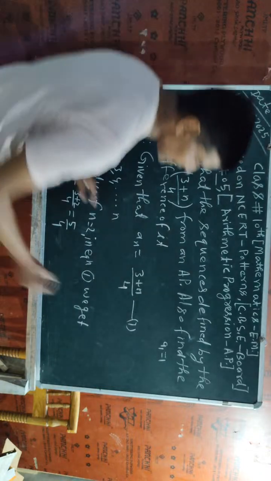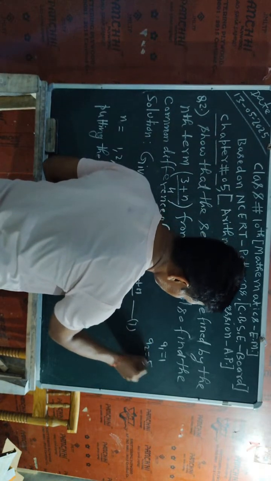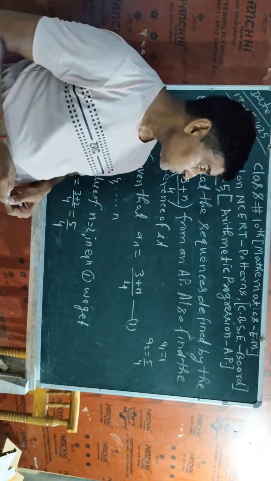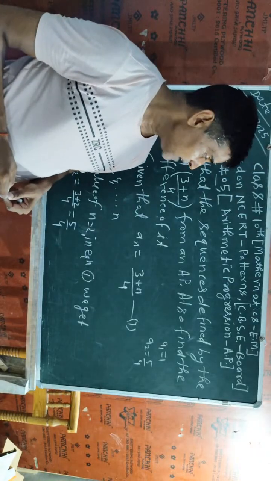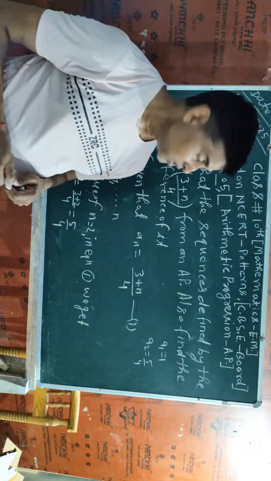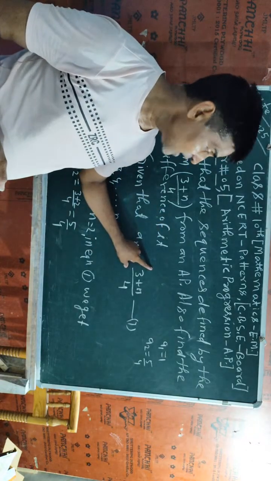So the value of a2 is equal to 5 divided by 4. Further I will take the common difference, and the common difference of each and every consecutive term will be the same. So I will say this unit term exists in arithmetic progression.